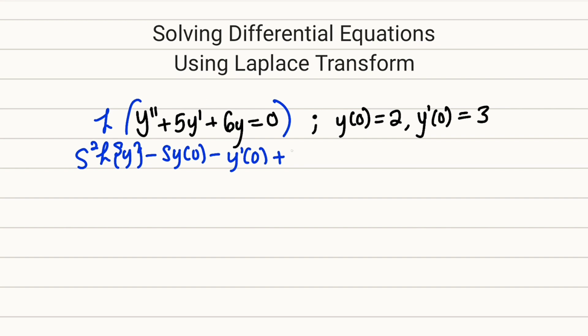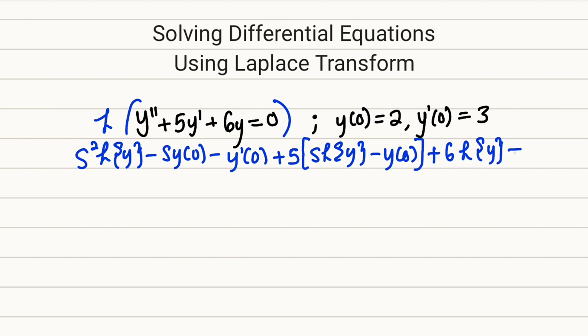We factor out 5, but taking the Laplace transform of y prime will give us s multiplied by the Laplace transform of y, then minus y of 0. Moving on, we have the third term here, plus 6 multiplied by the Laplace transform of y. And to the right hand side, we have 0 because the Laplace transform of 0 is equal to 0.